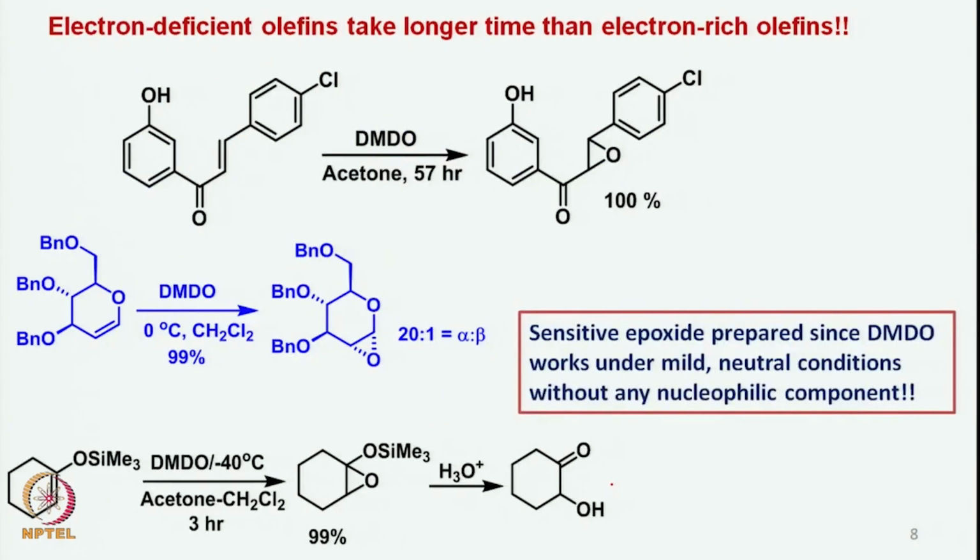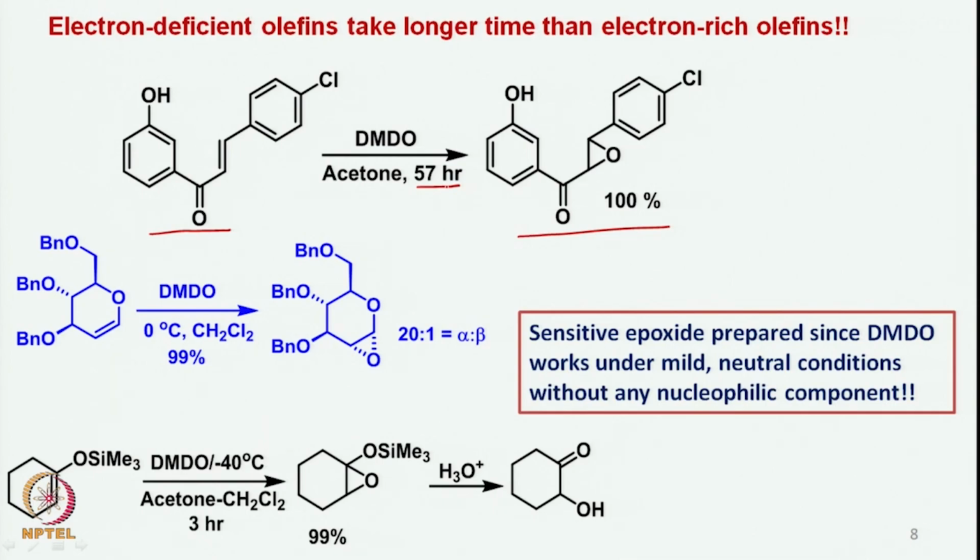Now electron deficient olefins, as I mentioned, take longer time. As you can see here, this is an electron deficient olefin. It gives 100% of the epoxide, but it has taken 57 hours.